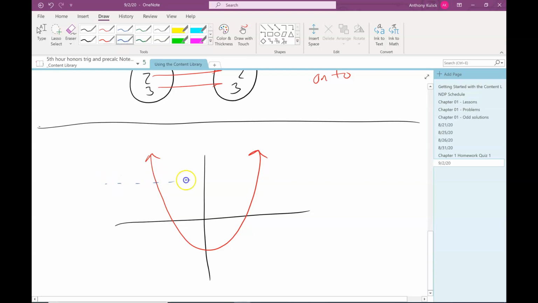Because if you draw any horizontal line, well, almost any horizontal line, it's going to intersect the graph in two places. So that's x1 comma y, but this would be x2 comma y. The point is that they're the same y. So you have a y coordinate that's being used more than once. Okay with that, Elizabeth? So we know that this is not one-to-one.